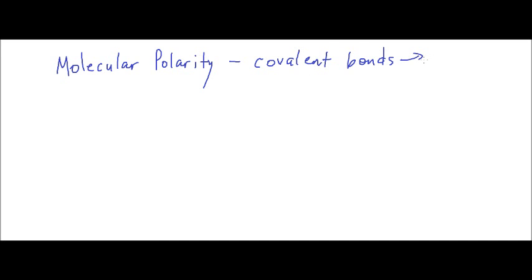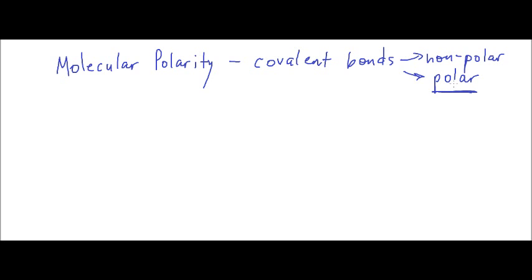There is the nonpolar covalent bond, and there is the polar covalent bond. More specifically, we're going to look at a little bit of both, but primarily we're going to look at polar covalent bonds.